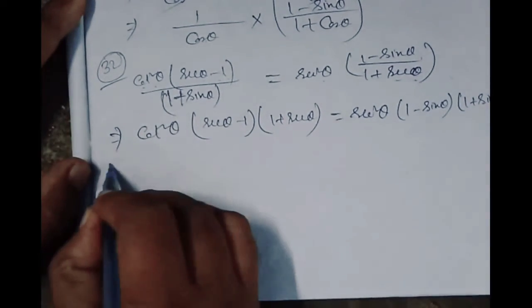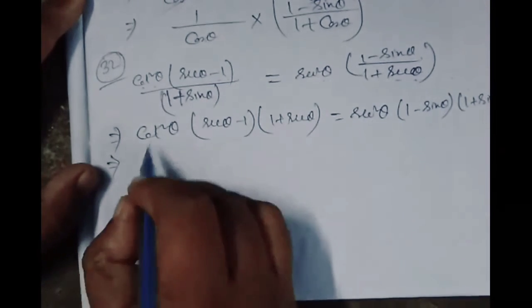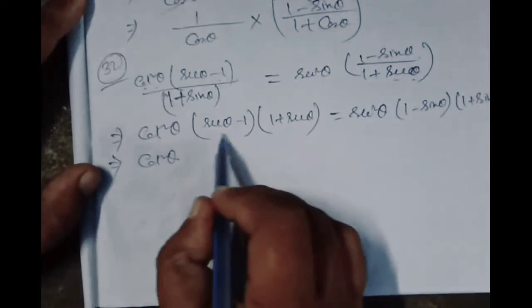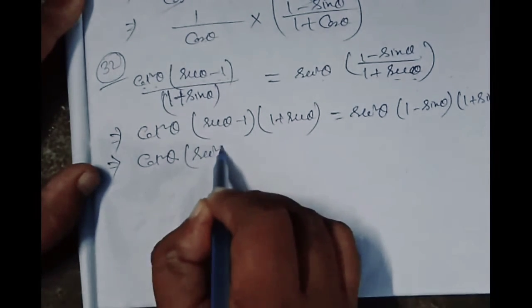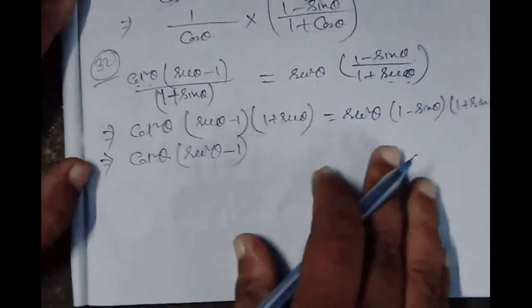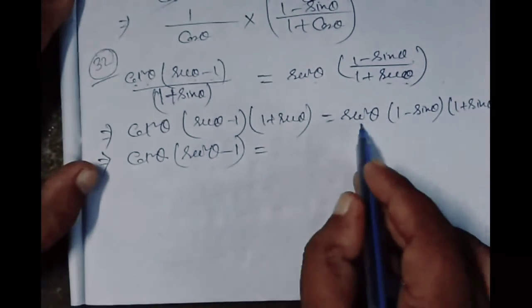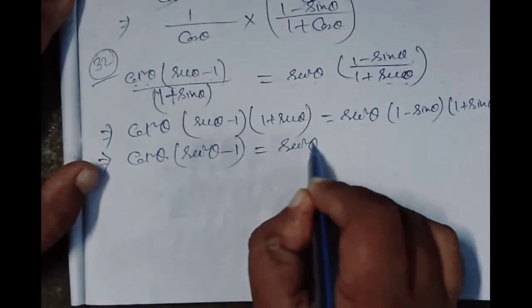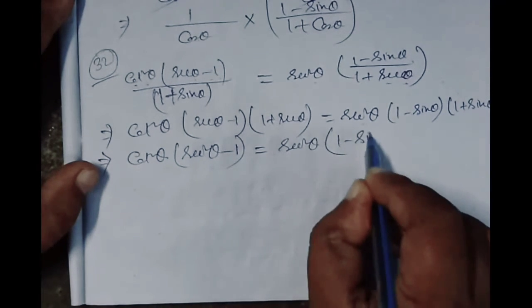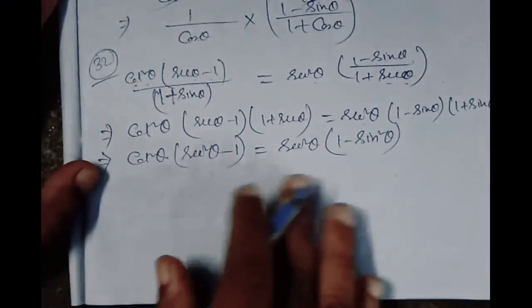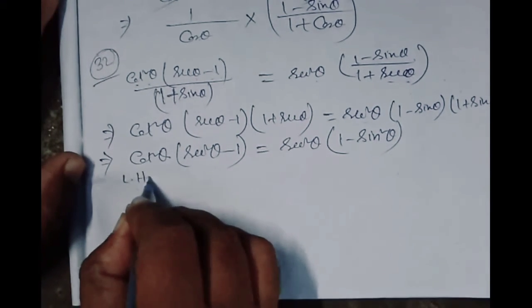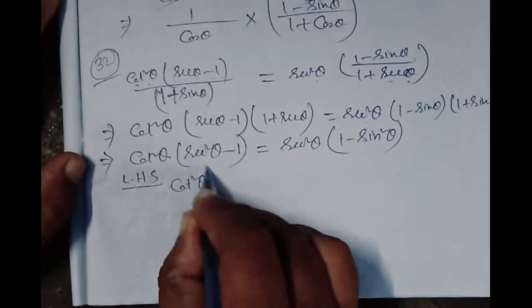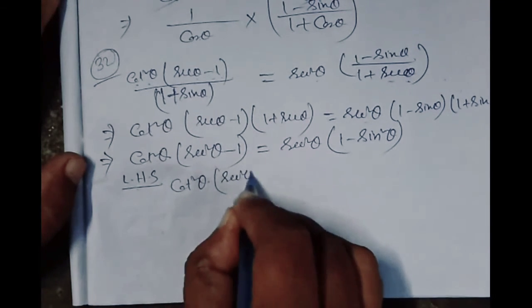This can be written as sec square theta minus 1, and here, since this is sec square theta, this can be written as 1 minus sin square theta.